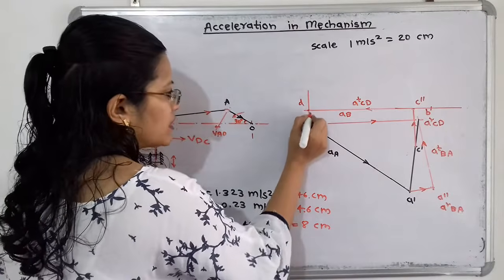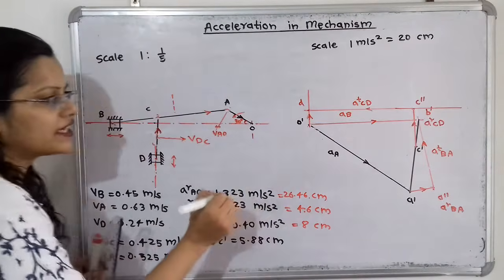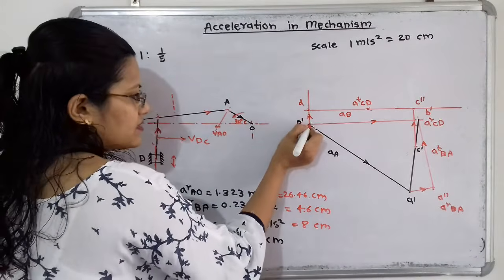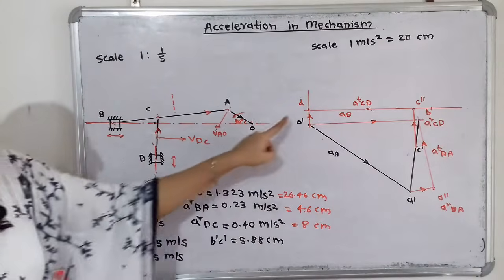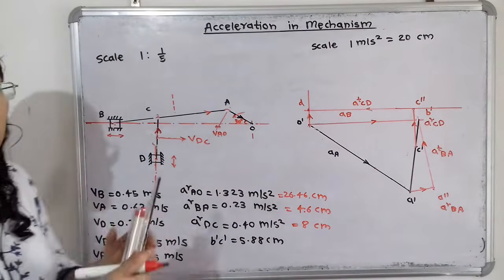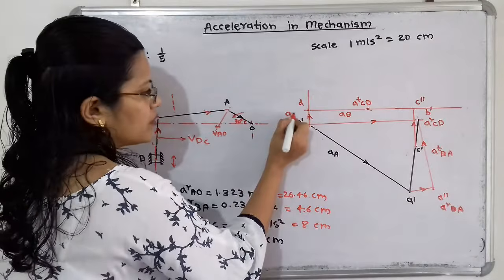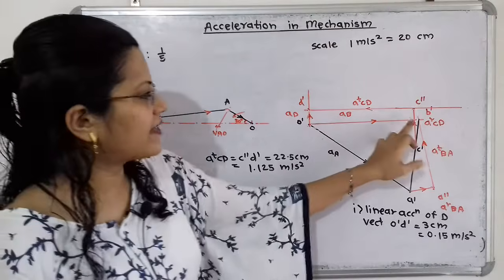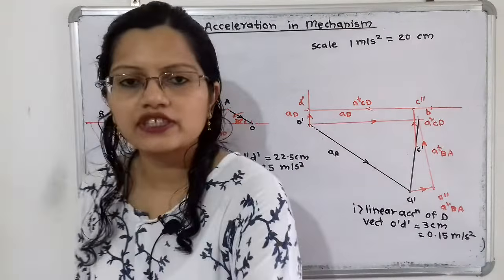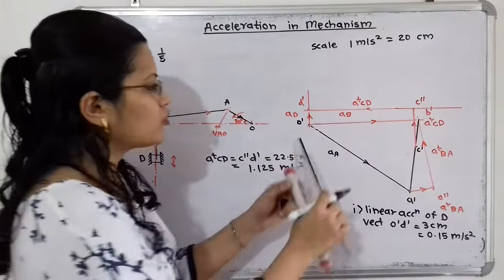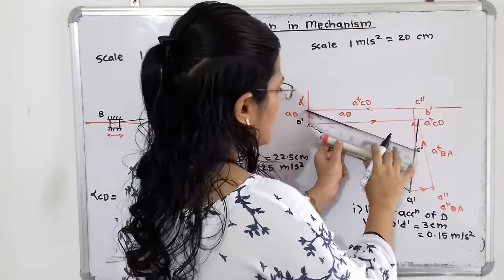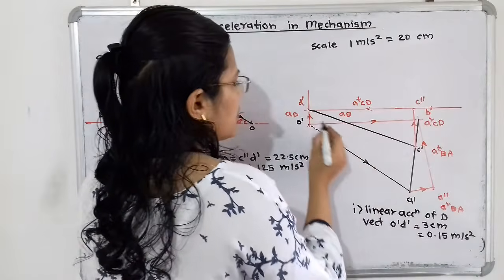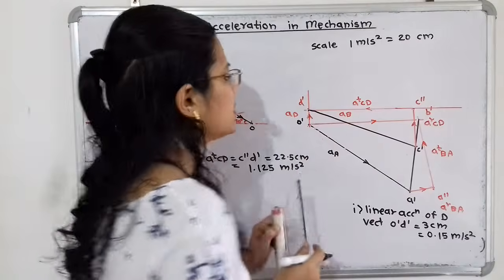And from O dash to D, here the direction is vertical, and this vector O dash to D indicates the acceleration of the slider D with respect to O. So I will simply say A to the base D. Now if we join the end points of this radial and tangential component of acceleration for CD, then we will get the total acceleration for this link CD. So I will join this. Then here the end point is D dash.